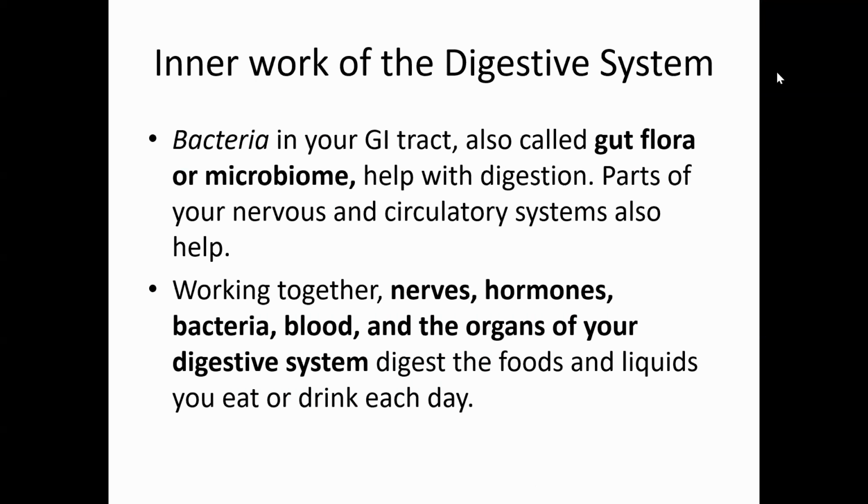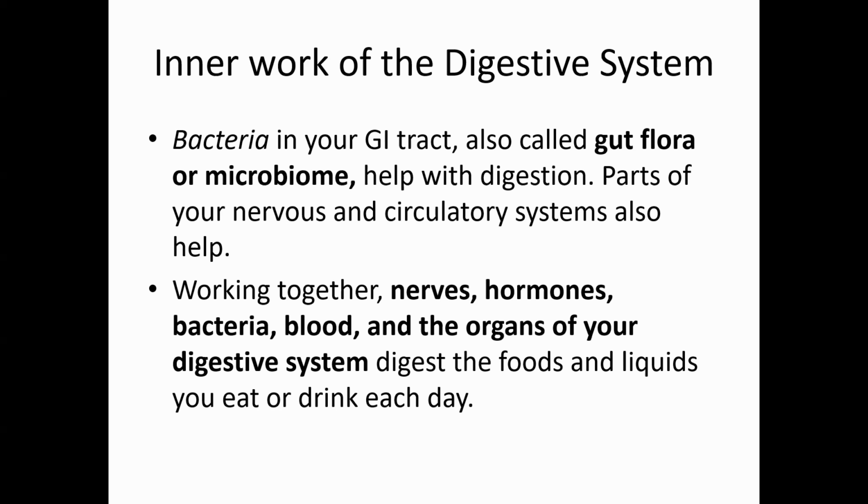What's happening in the inner workings of that digestive system? There is bacteria in your GI tract, which is called gut flora. Sometimes you get fancy and call it the microbiome. In the GI tract, there's gut flora and microbiome that helps with digestion. And you've probably read about probiotics and their role in helping to reestablish healthy gut flora.